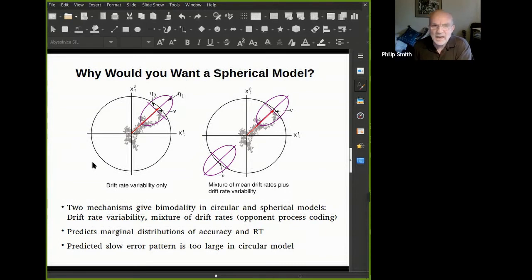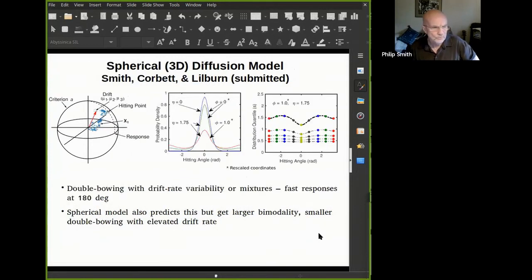And as we'll see, that will predict a slow error pattern, which is larger than typically what's found in the data. The two-component drift rate model fares a little bit better because you don't need such large drift rate variance to capture the data. Nevertheless, it does better in a spherical model.